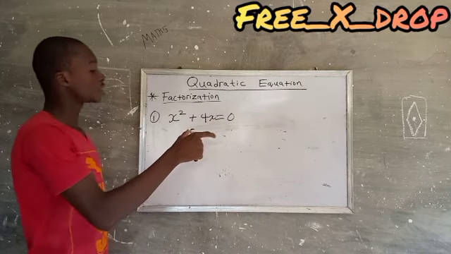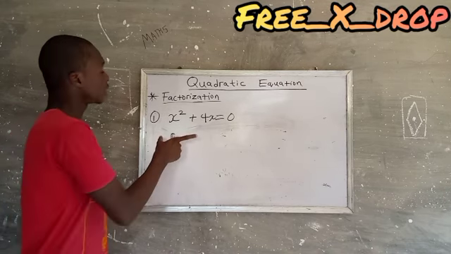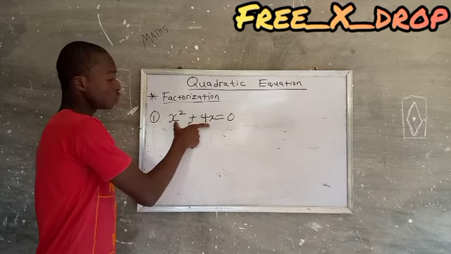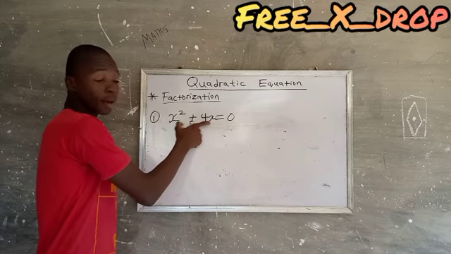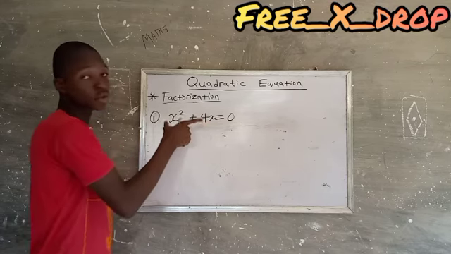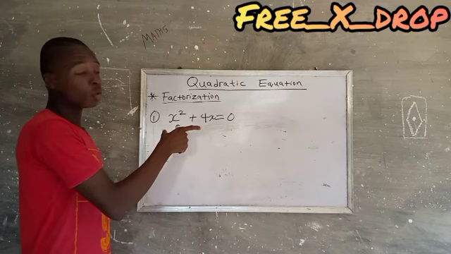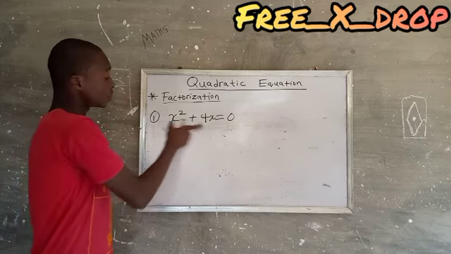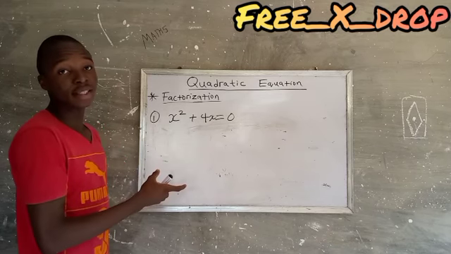So what is factorization? Factorization means bringing out what is similar in these two things. What can divide both things? You are going to bring it out. If there is nothing similar, then there is nothing to factorize.